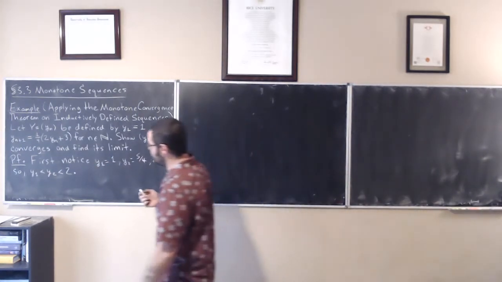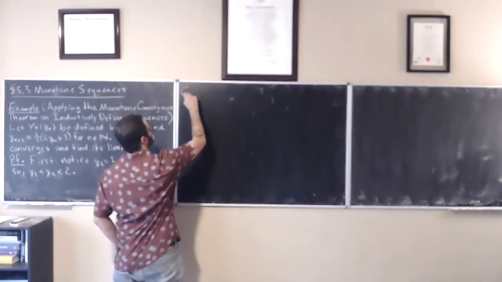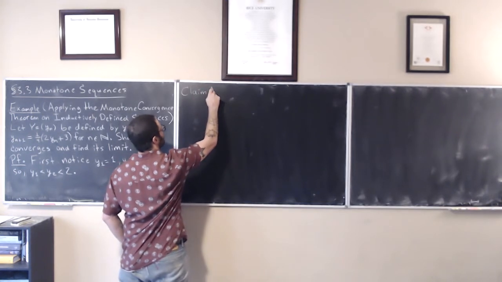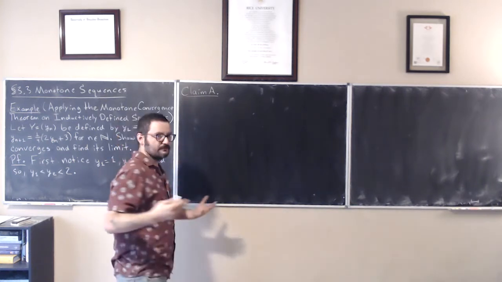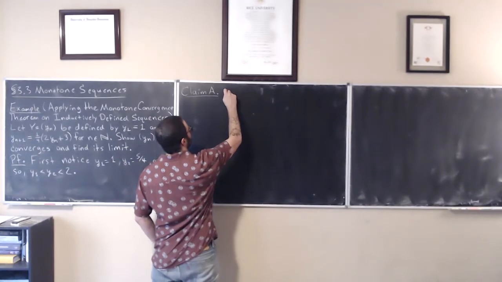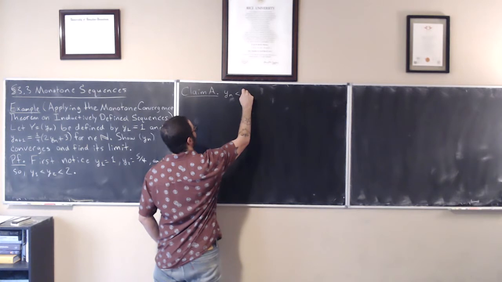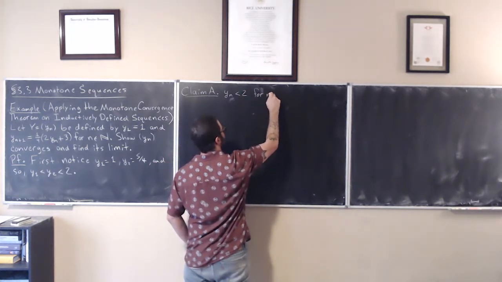So let's go ahead and do that with a series of claims. So I'm going to claim, maybe A, and this is a guess at first, and we'll figure it out once we get there, that the terms of the sequence are at most 2 for all n.